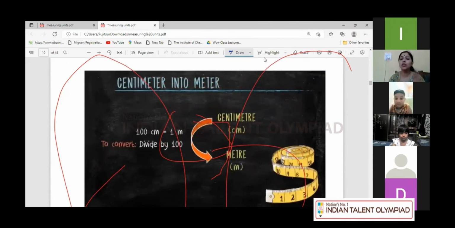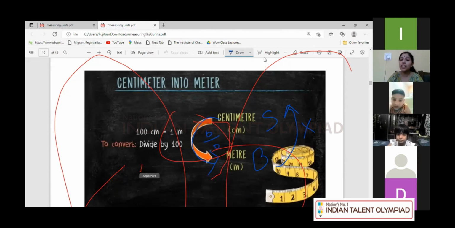Okay. I told you earlier, when you are going from the big unit to small, you have to multiply. Now we are going from the smaller unit to bigger unit. For that, we need to divide.